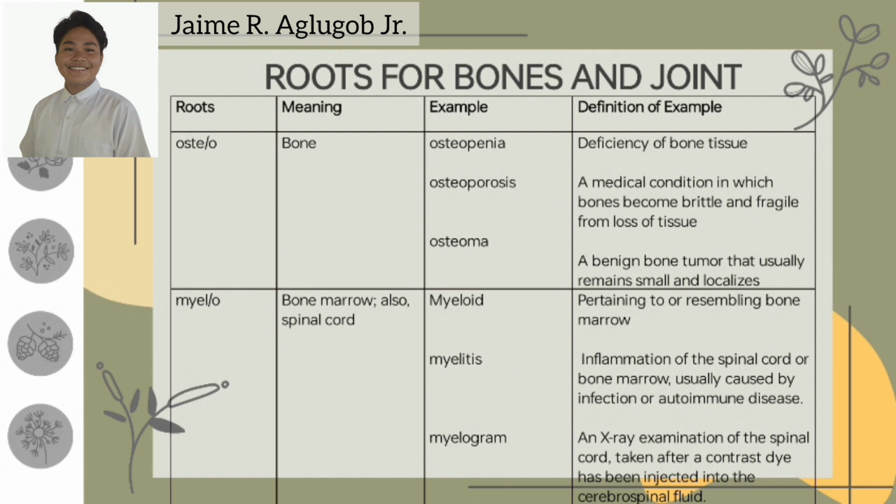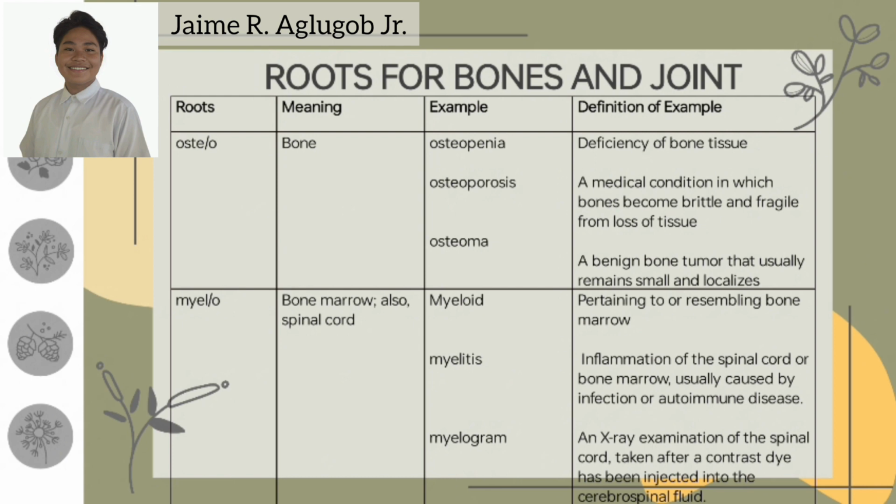Number two is osteoporosis. Osteo means bone, and osis means condition. The definition of osteoporosis is a medical condition in which bones become brittle and fragile from loss of tissue.